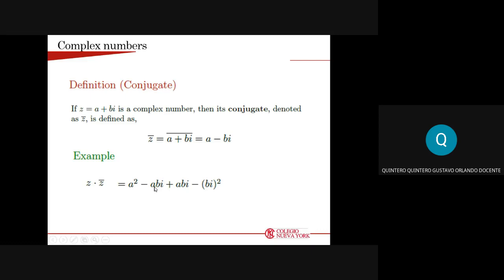Here it is, negative ABI. Beautiful. Now let's go with inners. BI times A. Well, that will be ABI, which is this one over here.